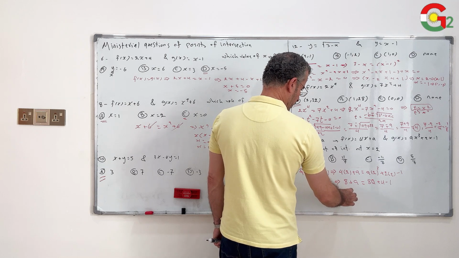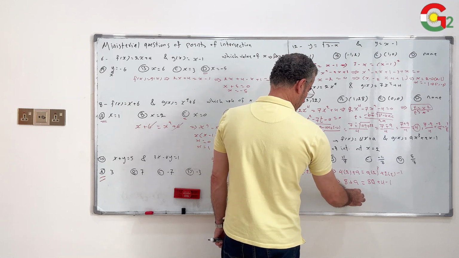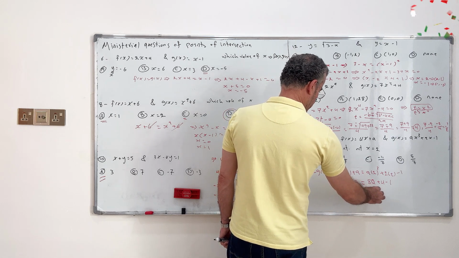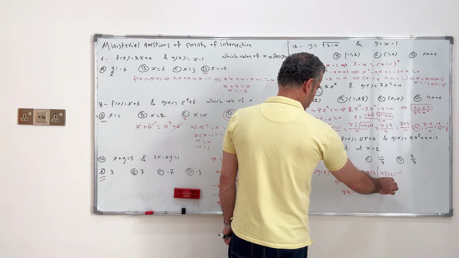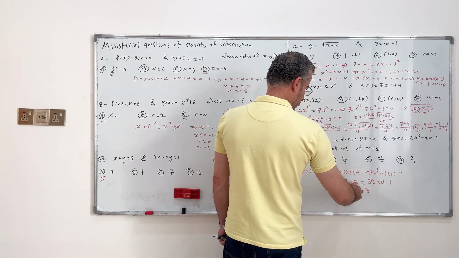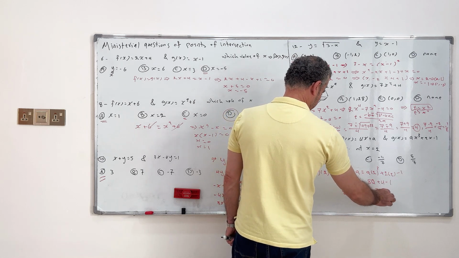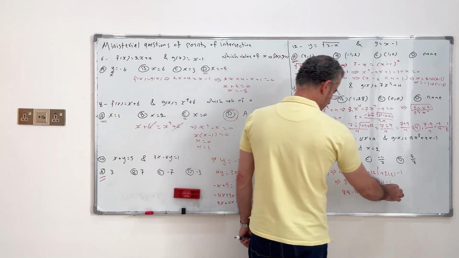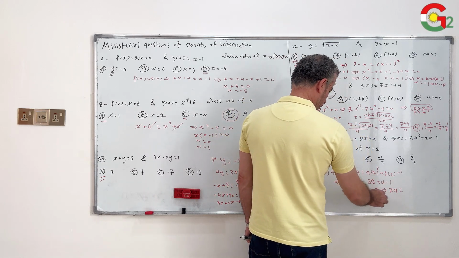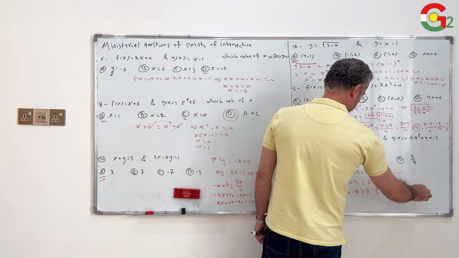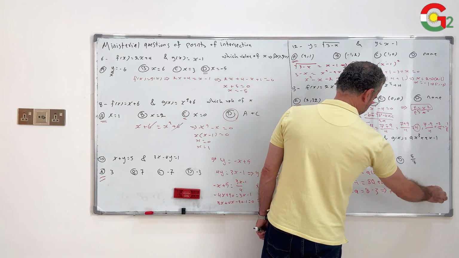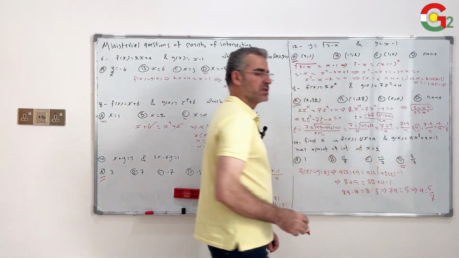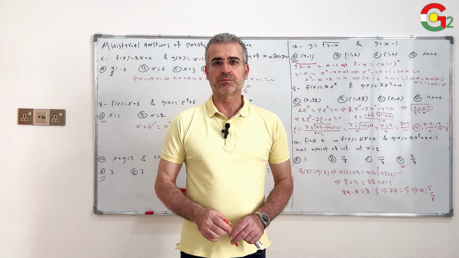Take the terms with a to one side: 8a minus a equals 8 plus 4 minus 1, which is 3. Take it to the other side, negative 3. Then 8a minus a, 7a, equals 8 minus 3, 5. Then a equals 5 over 7. 5 over 7, choice number D.